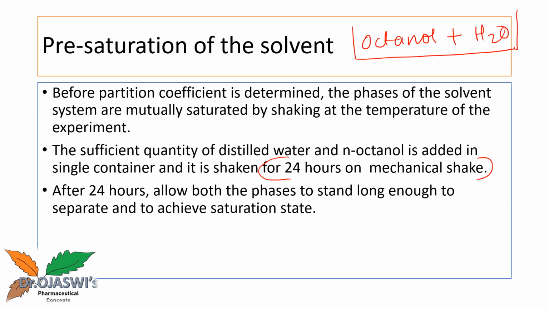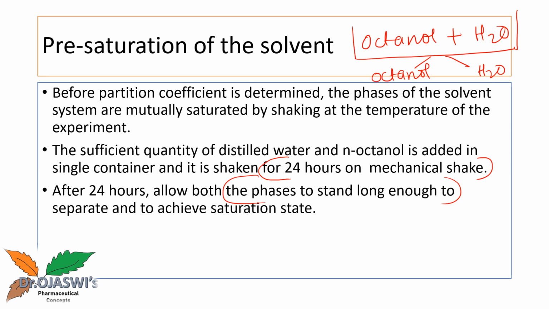After 24 hours we will keep the container unshaken for some time so that both the phases separate. From this I will separate the octanol saturated with water and the water saturated with octanol. So these two phases I have separated now.